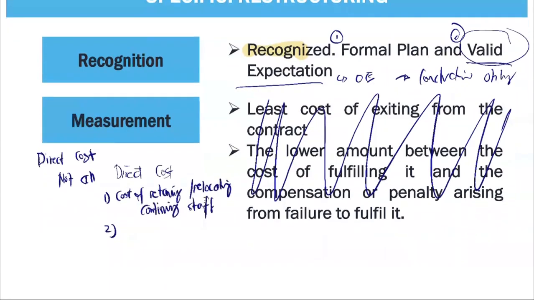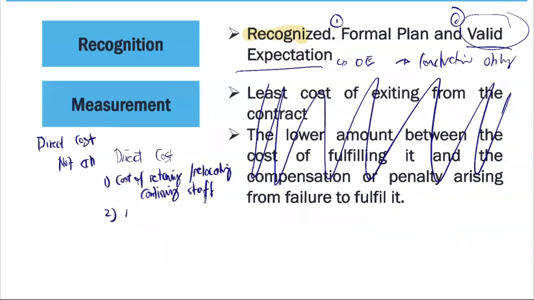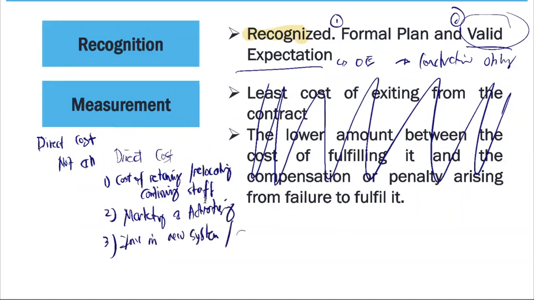Number two, we have your marketing or advertising costs. Number three, your investments in new system or distribution network. Okay. As a rule, how do we measure your restructuring provision?